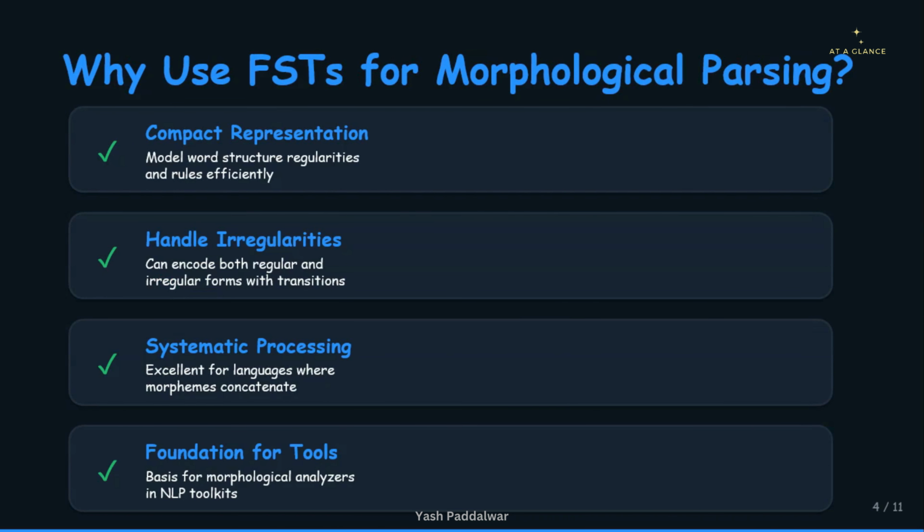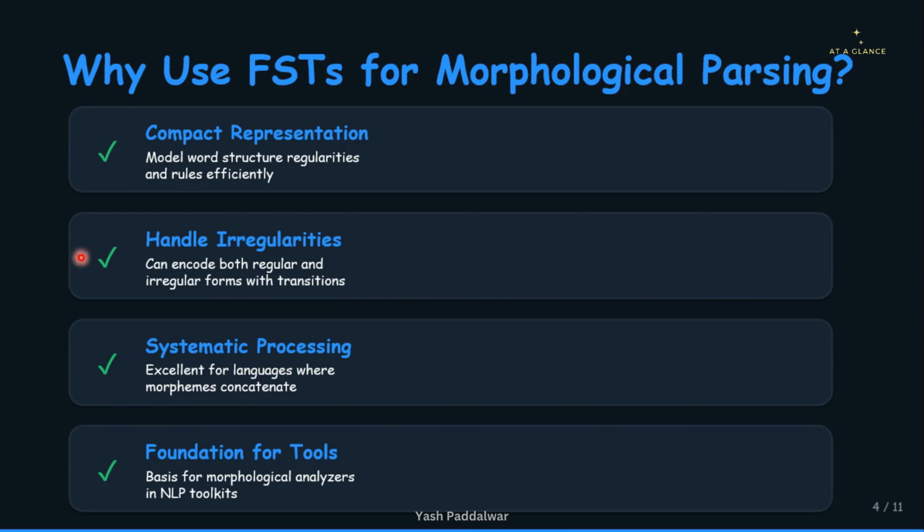Now, why use FSTs for morphological parsing, like breaking down the word and assigning it grammatical labels? There are four main reasons. First is compact representation. Here you can see that FSTs efficiently represent word rules without writing separate rules for every single word. It also handles irregularities. It can encode both regular forms like cats and irregular forms like geese.